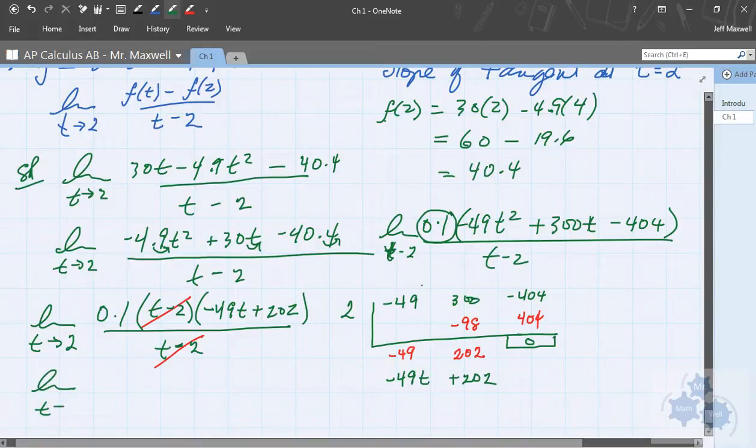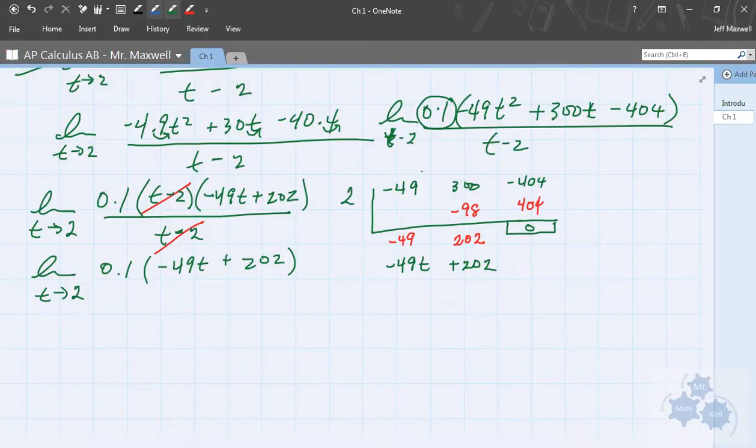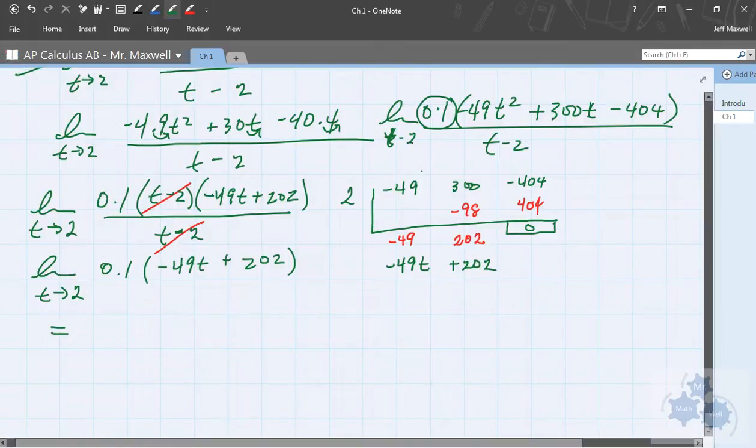And this is going to be, as t approaches 2, it's going to look like this, 0.1 times negative 49t plus 202. And now can we substitute t equals 2 in? Yeah, we sure can. So equals, now we're substituting in, you don't have to write the limit anymore. 49 times 2, 4 times 2, that's negative 98.